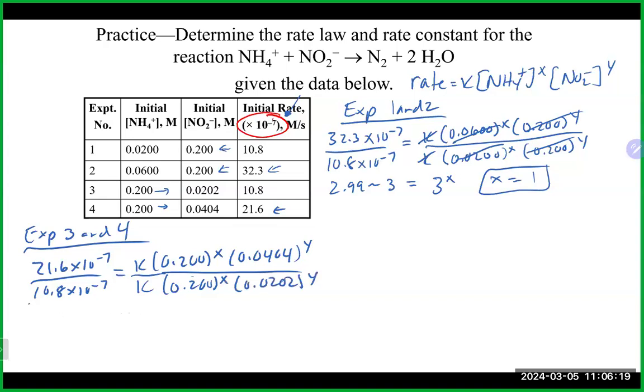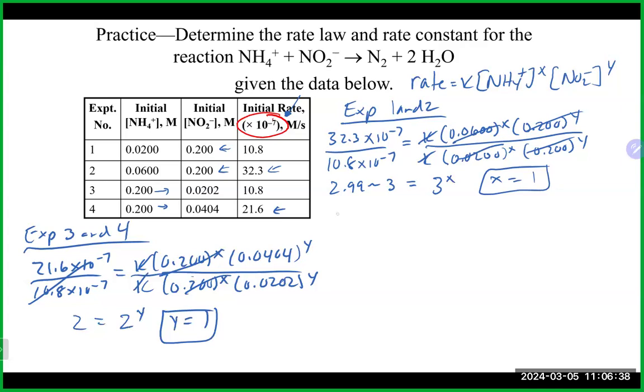So that's going to give me, I believe, 2, if I'm not mistaken. And those are going to cancel. These will completely cancel. That should give me a 2 as well, which means my Y is going to equal 1 in this case.